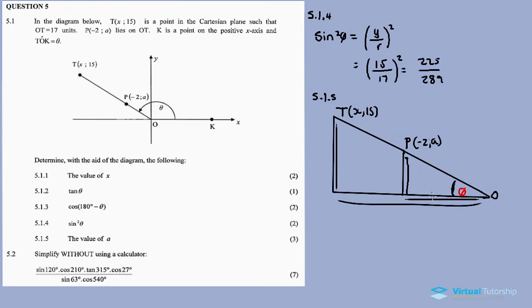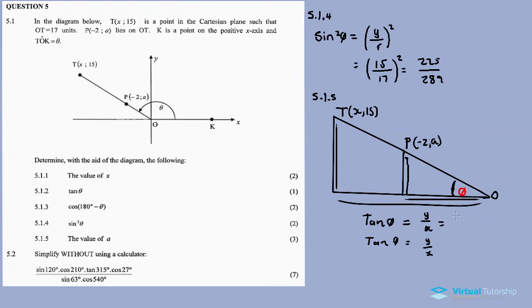So a trigonometric ratio involves the opposite side as well as the adjacent side, for both the triangles. So tan theta is going to be equal to y over x, opposite over adjacent, for the small triangle, and then tan theta equals y over x for the big triangle.